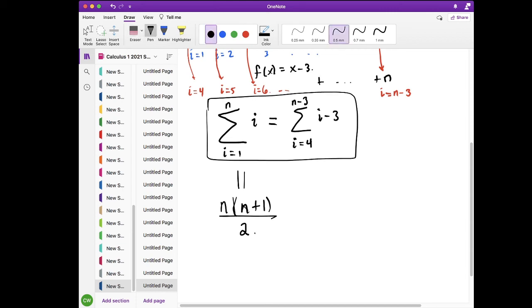Okay, just one more thing. Can you say why this is also a fair sum? Why is this also the same thing? So all these three things are the same.